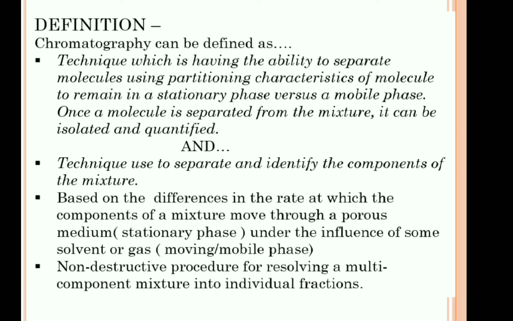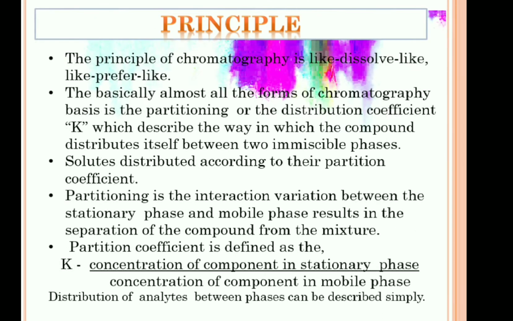The molecule of the sample which has more interaction towards the mobile phase, which is the solvent phase, will elute first through the chromatographic column, and the molecule which has more interaction towards the stationary phase, which is the static phase, will elute afterwards. So this is the principle which I have just explained.